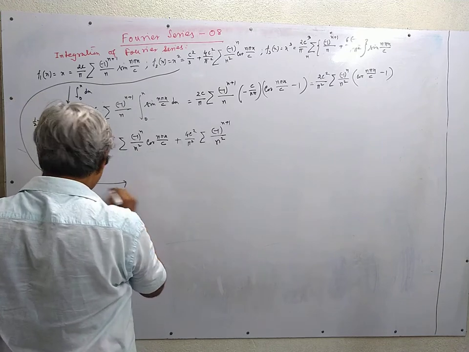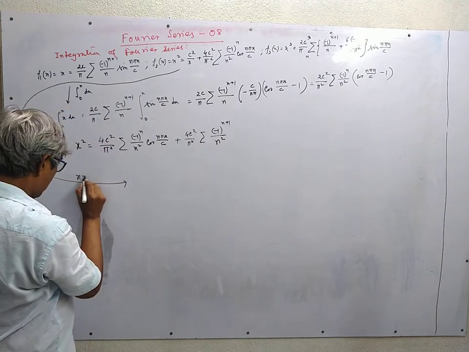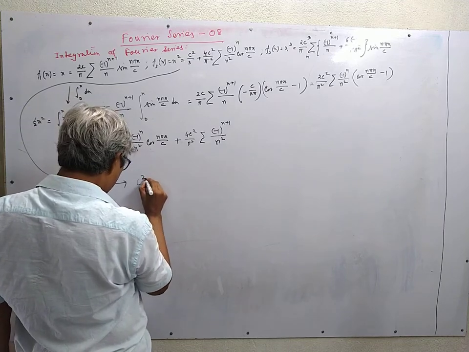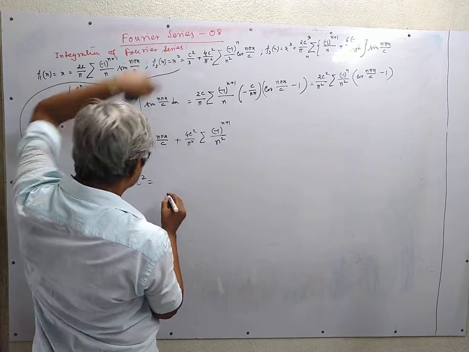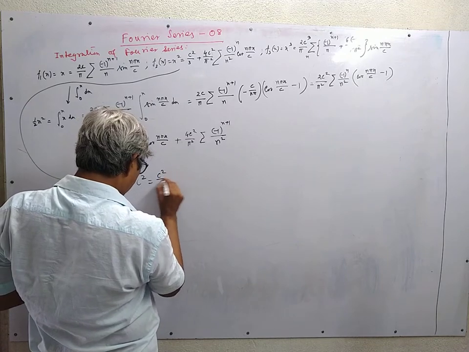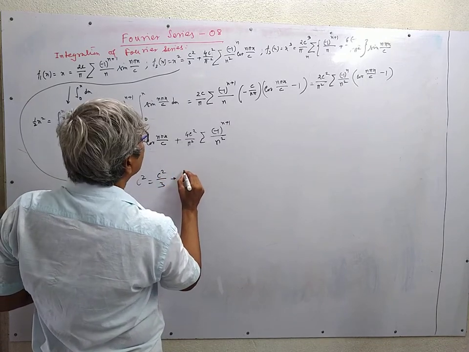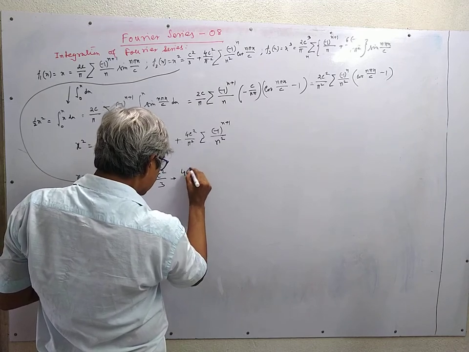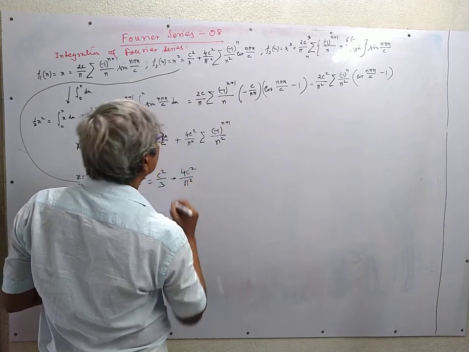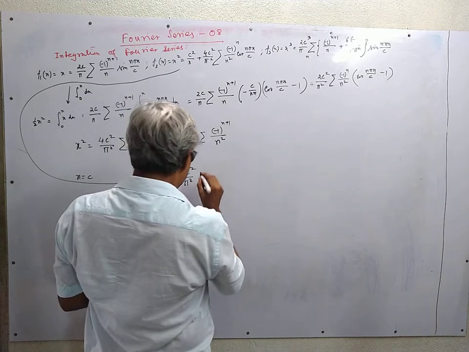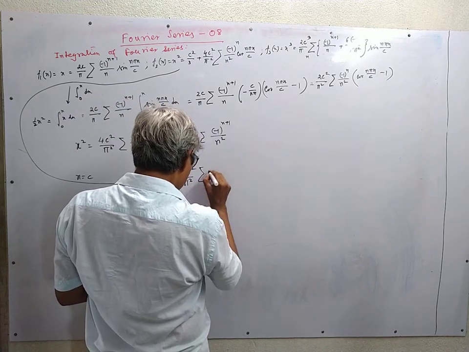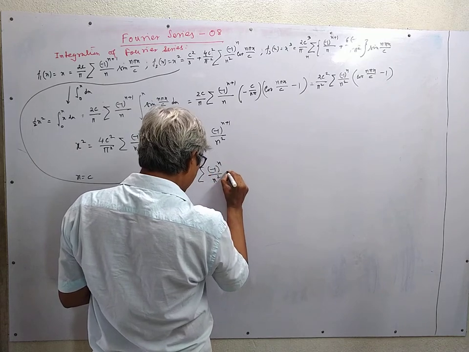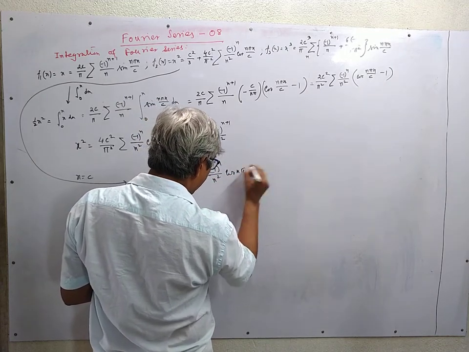if we consider F2 with x equal to c, it gives you c square on the left, then c square by 3, then 4c square by pi square, and then we will have minus 1 to the power n square and cos of n pi.